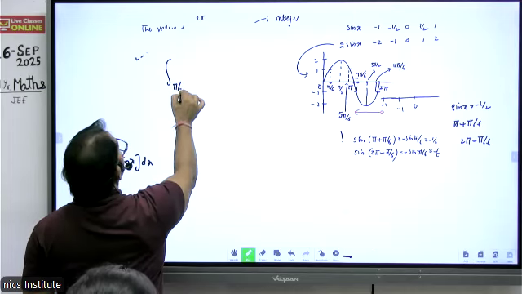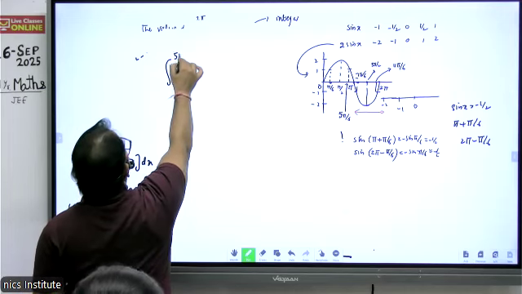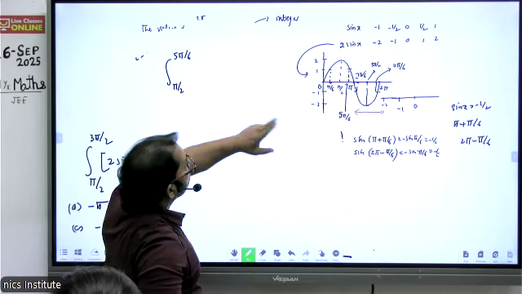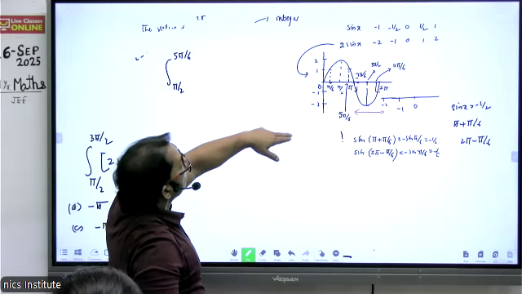Pi by 2 to 5 pi by 6: at pi by 2 the value is 2, at 5 pi by 6 the value is 1.